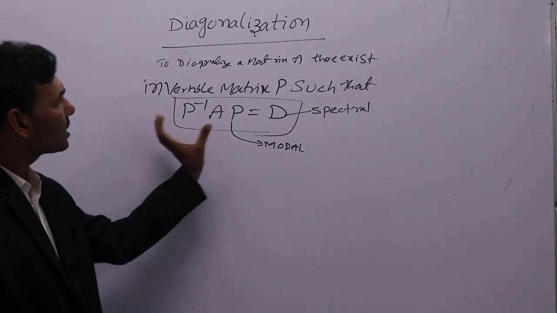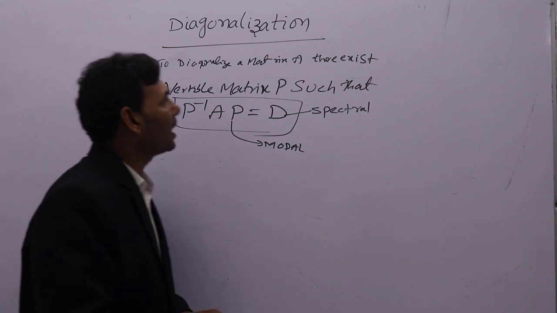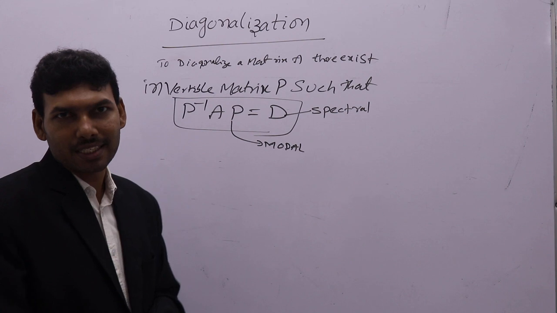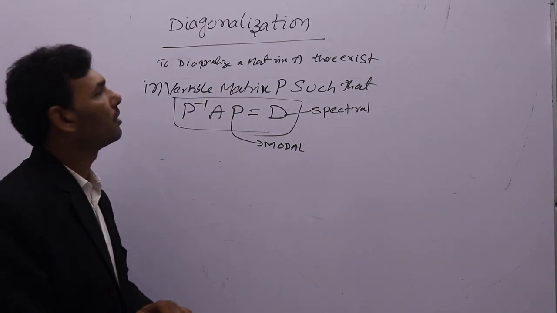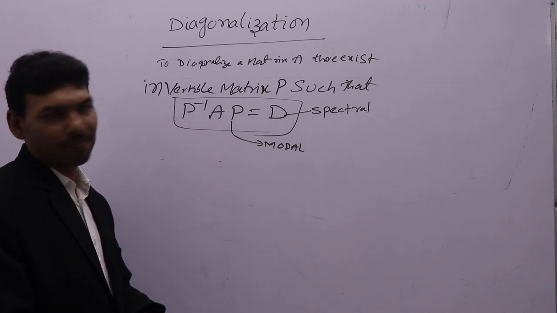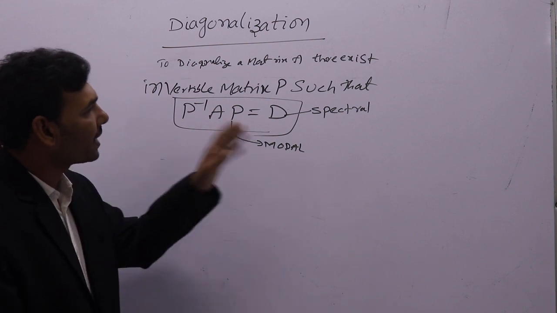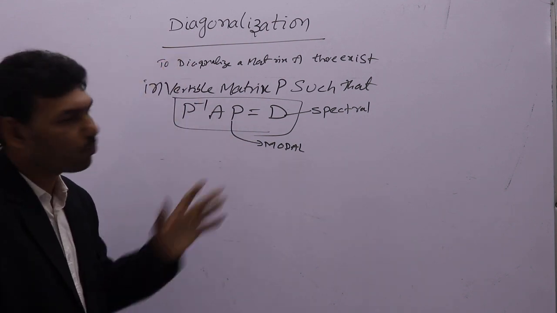So this is the procedure to diagonalize a matrix. To diagonalize a matrix, there should exist an invertible matrix P. Then if you calculate P inverse AP, it will be a diagonal matrix, that is the spectral matrix of the given matrix, that we need to find.